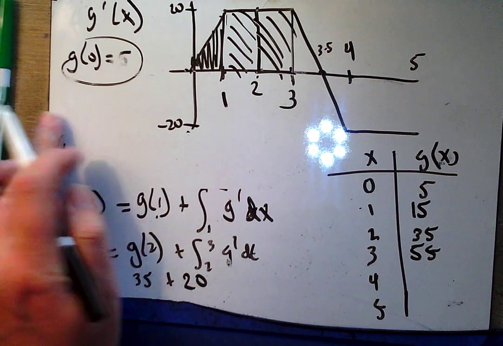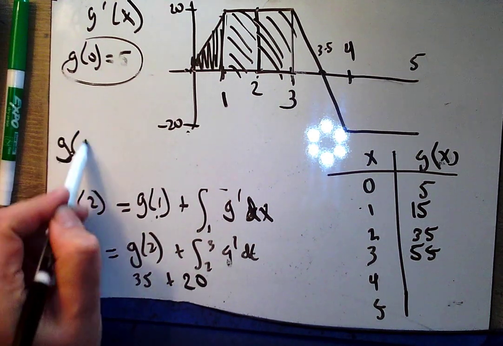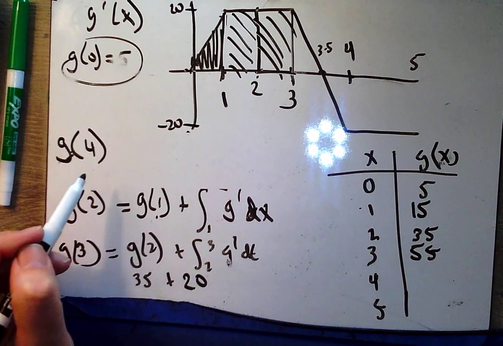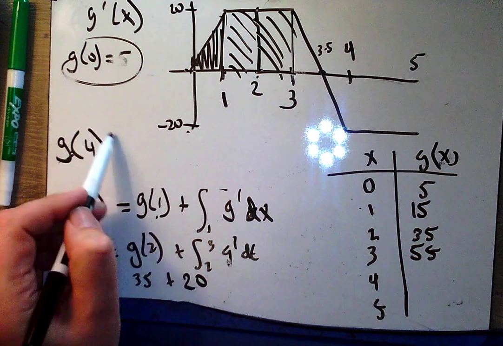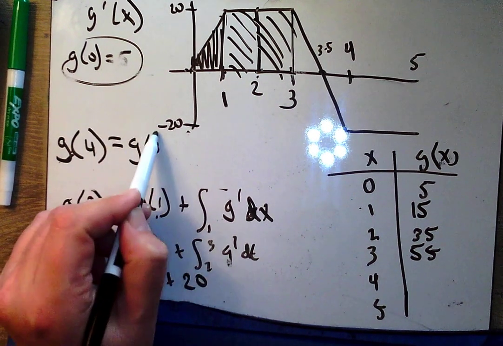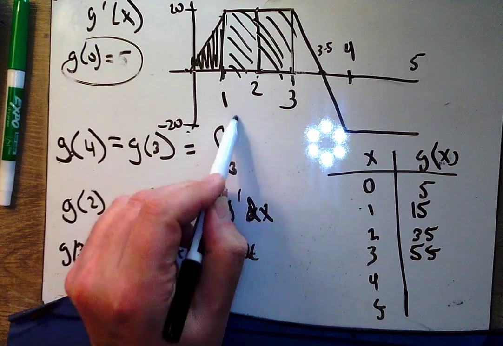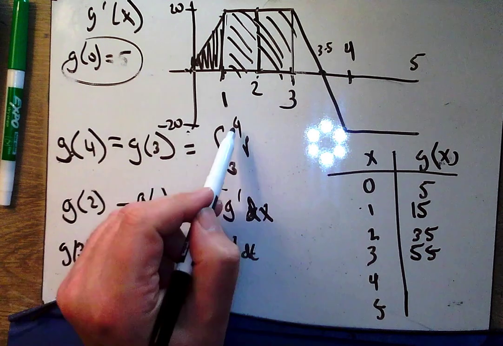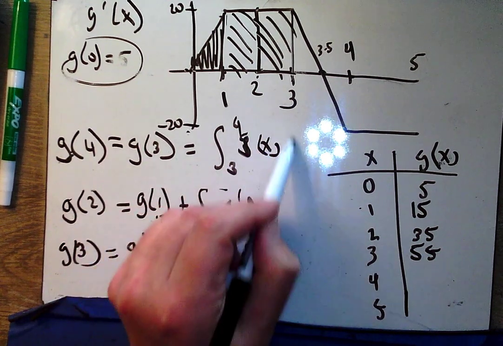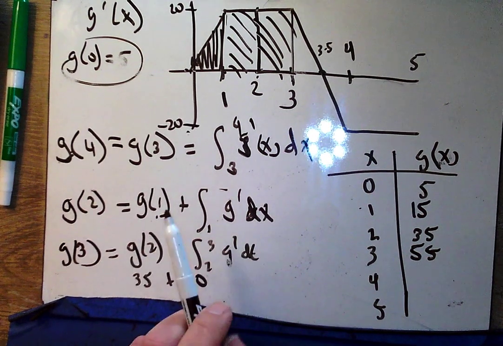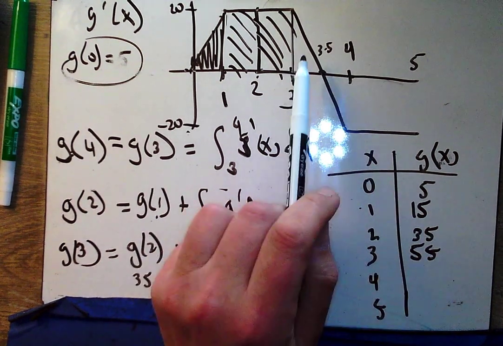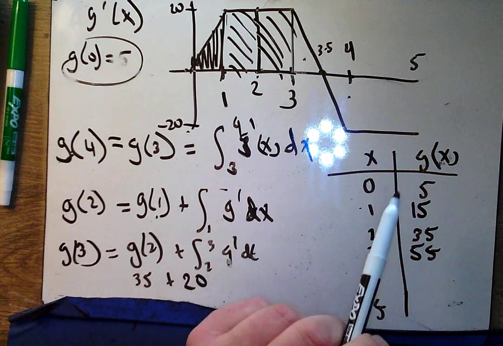Well, so here's what I noticed. I noticed that I could write this as the g of 3 plus the integral from 3 to 4 of g prime. All right, so that's a little uncomfortable though, because I got this triangle and I got this triangle.